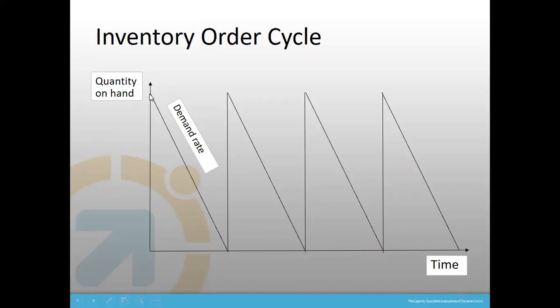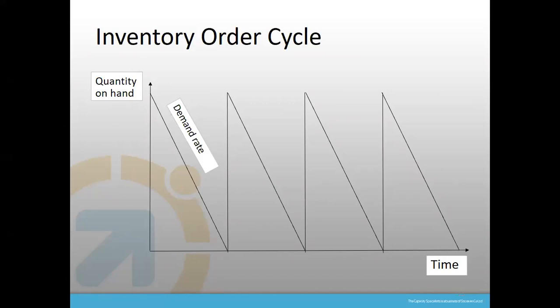Okay, so on the left-hand side, we see that a new order has just come in. The quantity is at maximum. And then we have the demand rate. It means how much is used per day. Example, a trading company sells so many chairs per day. The factory has customers that buy so many chairs a day.